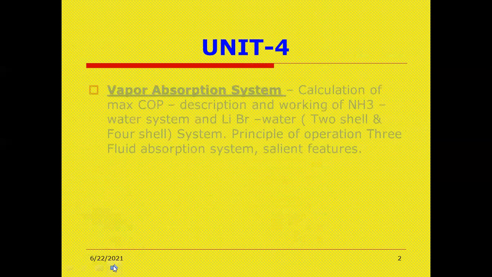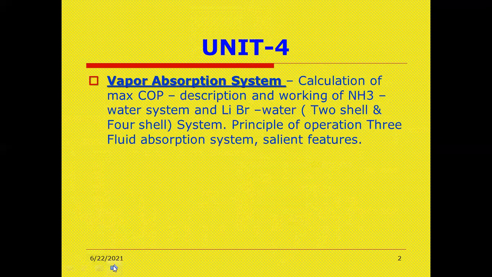In this vapor absorption system we have the calculation of maximum coefficient of performance, the description and working of NH3 water system and lithium bromide water refrigeration system, that is 2-shell and 4-shell system. Next, the introduction to the 3 fluid absorption system or Electrolux refrigeration system, their salient features. That is the topic we have in unit 4.